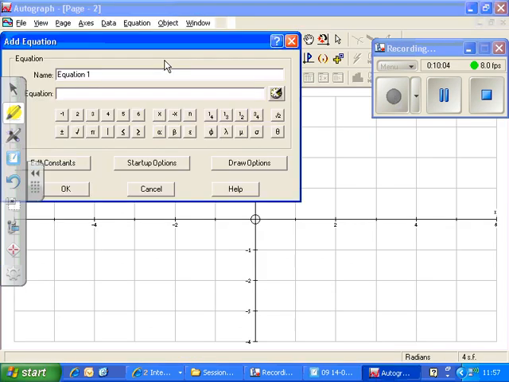So again, typing it in, y equals 1.67x minus 1.11 brackets 1 minus e to the power minus 1.5x.